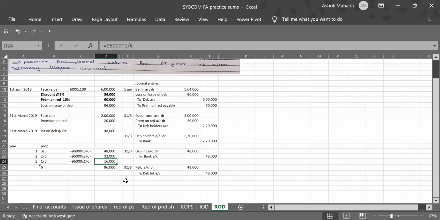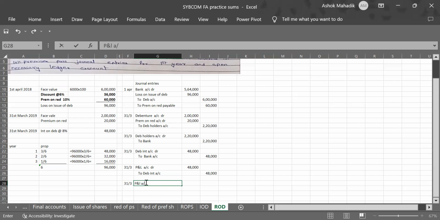So on 31st March again, I'll write off the loss to the extent of 48,000. Clear? So I had told you the logic of this entry. Whichever reserves you will use to write off the loss will be debited. So if nothing is mentioned, we use the P&L account, right?